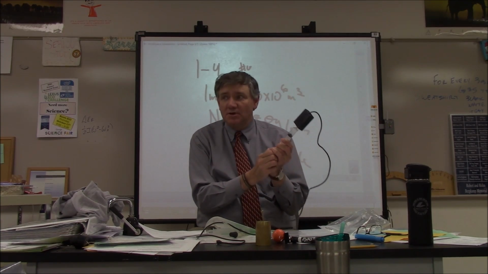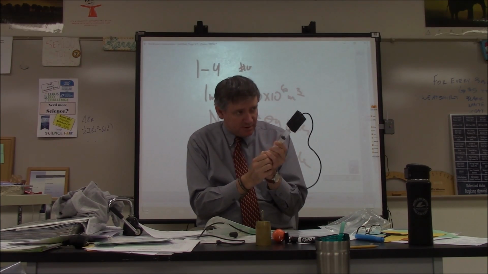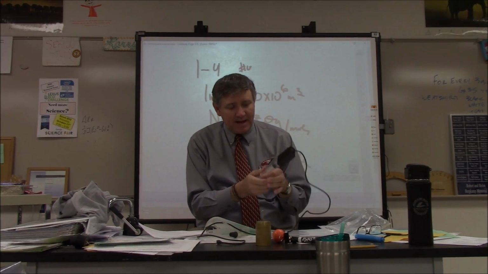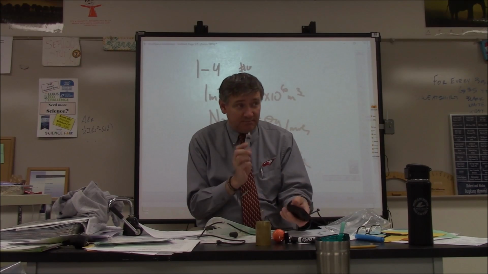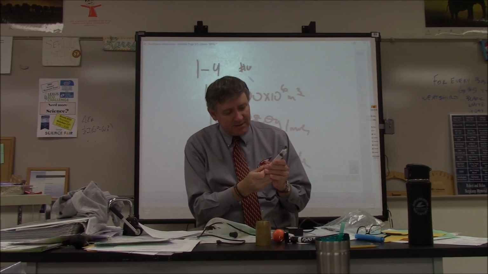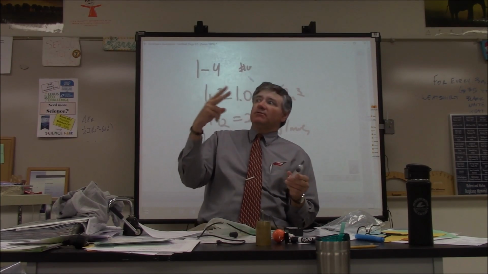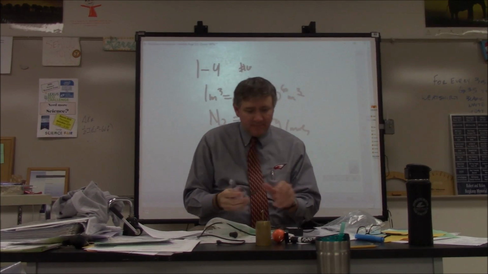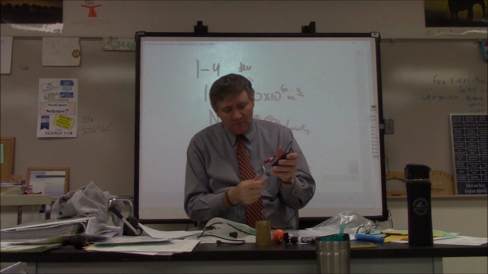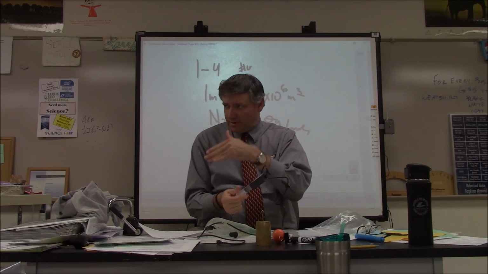Let it stabilize there, get a reading. Let it go back. Then unscrew it. Then pull it back to 6. So now you have 2 puffs in here. Then you screw that back on, pull that back to 10, get a reading.